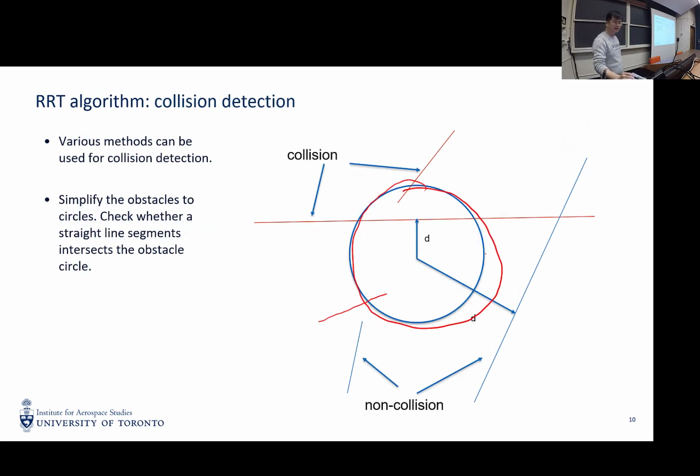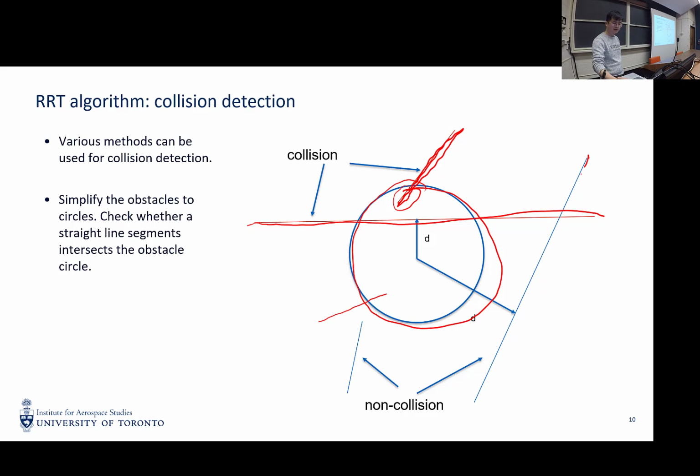For example, if the new step is located like this, then it has a collision, right? Because part of it lies in the circle, and part of it is not. So we consider it as a collision. If it looks like this, it's also a collision because the middle part of the step is in the obstacle. So we still consider it a collision.